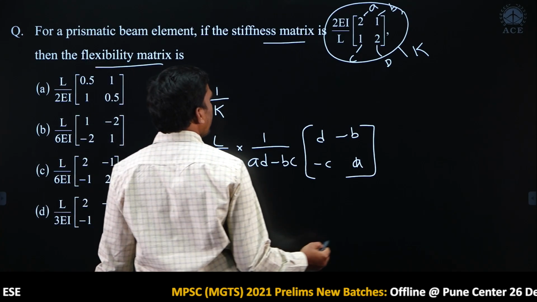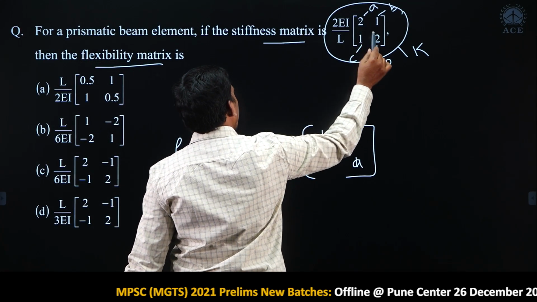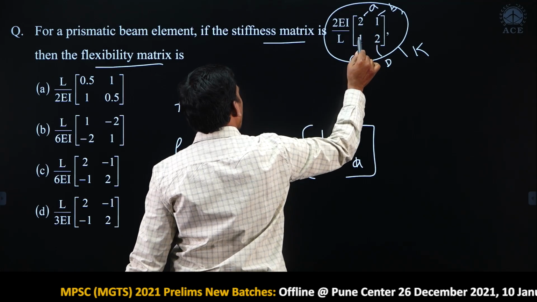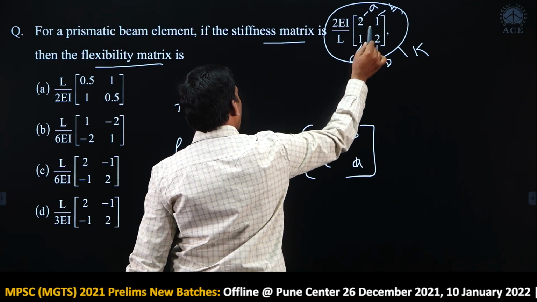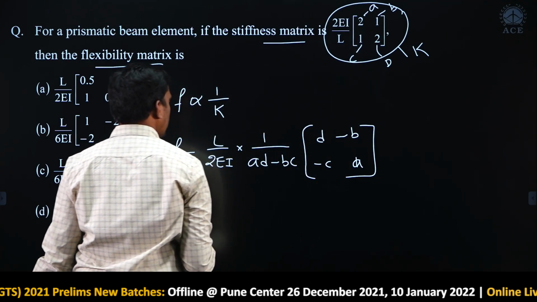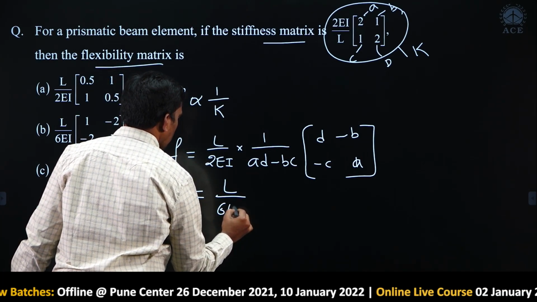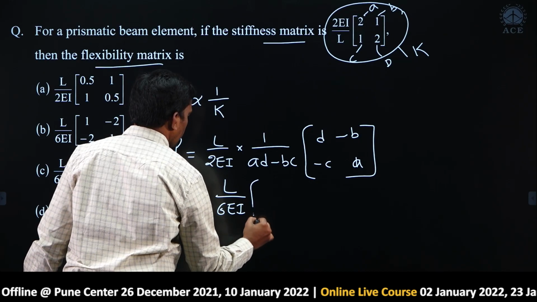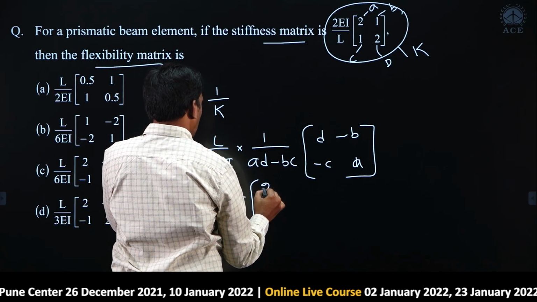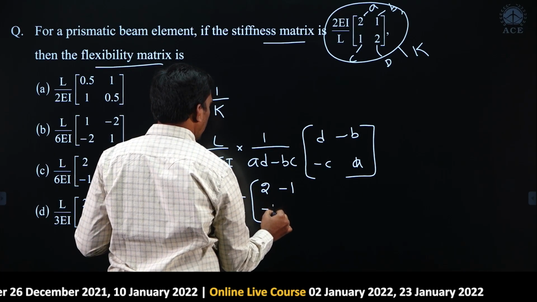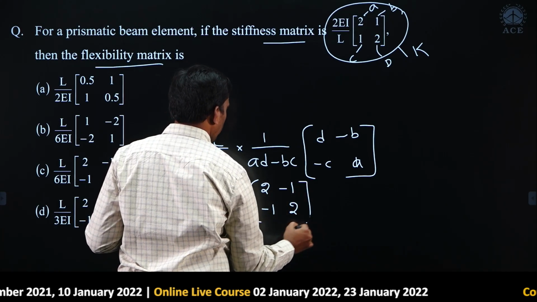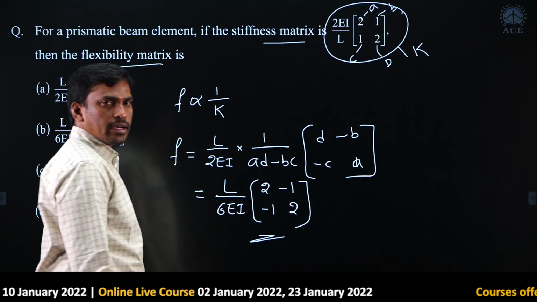What is AD minus BC? AD is 4, BC is 1, then 4 minus 1 is 3, then 3 into 2 is 6, then L by 6EI. What is D? 2 minus 1, 2, then this is the flexibility, okay.